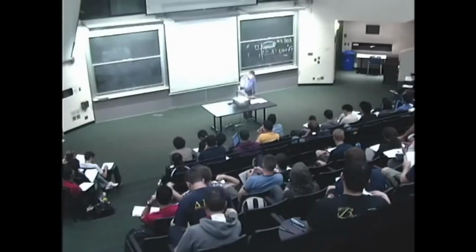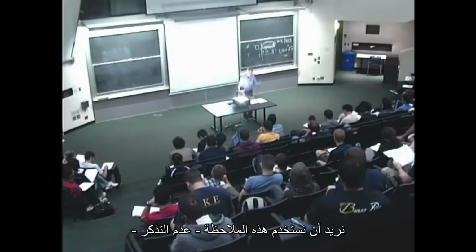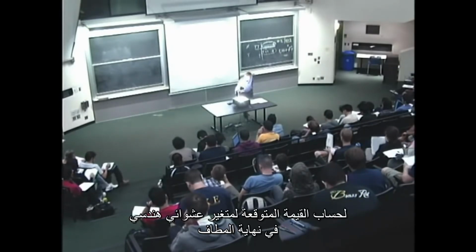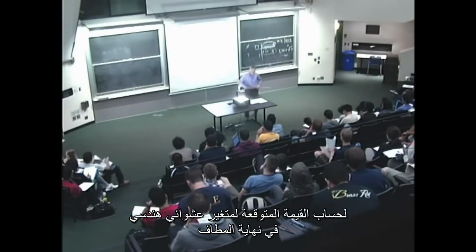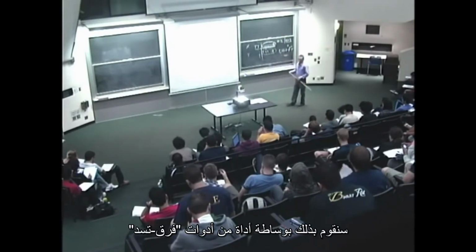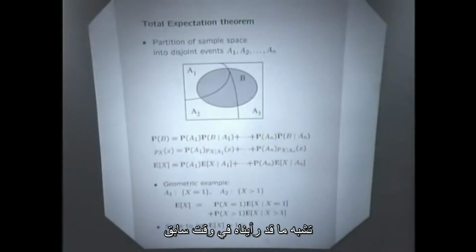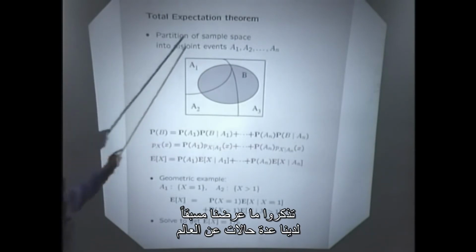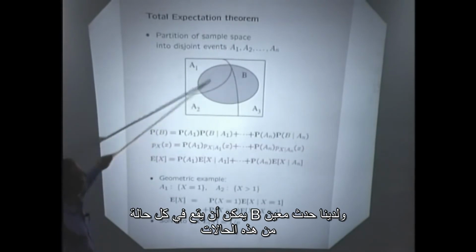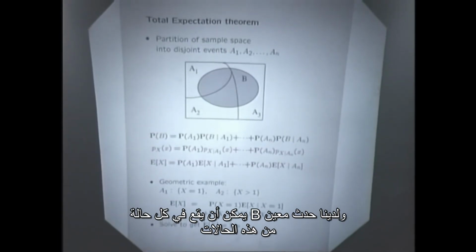All right, so now we want to use this observation, this memorylessness, to eventually calculate the expected value of a geometric random variable. And the way we're going to do it is by using a divide and conquer tool, which is an analog of what we have already seen some time before. Remember our story that there's a number of possible scenarios about the world, and there's a certain event B that can happen under any of these possible scenarios.